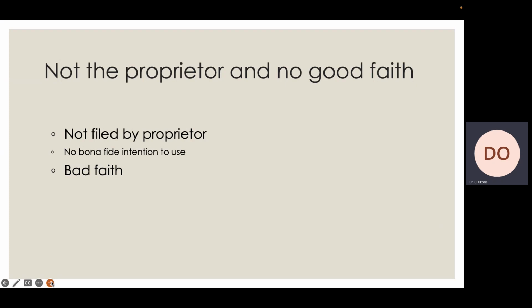You just want to make sure that by the time Nasty C wants to start a merchandising line or a perfume line or a clothing line, using Nasty C because that's his performing name, he would find that it's no longer available, and then he is supposed to come and beg you and pay you money so he can use the mark. So there's no good faith intention to use the mark.